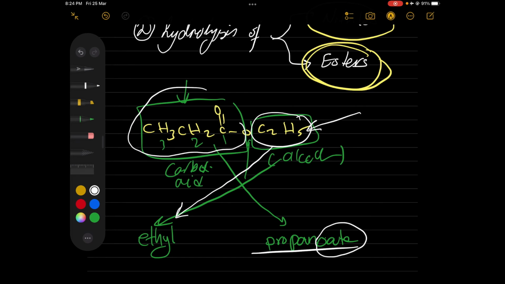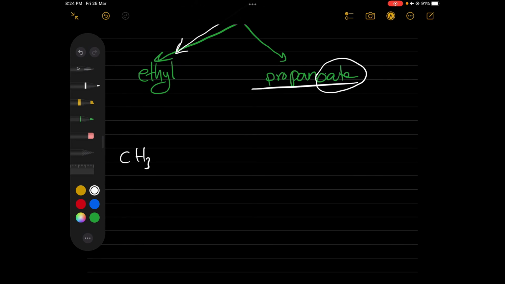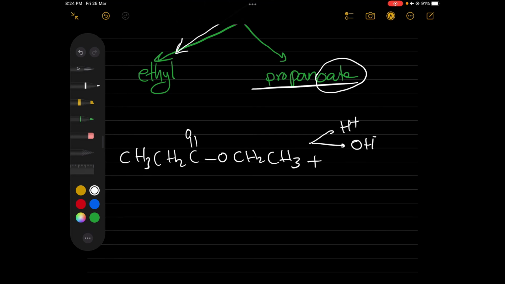Okay, so if I want to make hydrolysis for this one here, how can I deal with such equation? I just want to write it here. CH3, CH2, C double bond, O, CH2, CH3. This is ethyl propanoate. We can make hydrolysis by acid, and then it's followed by acidification, but we have to apply heat in this case. Okay, so if I want to make a hydrolysis for this process, I can add acid.